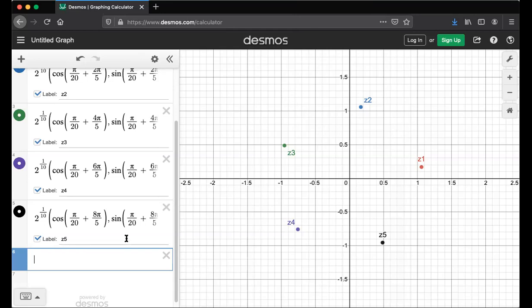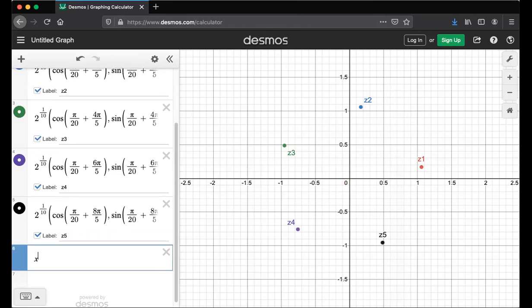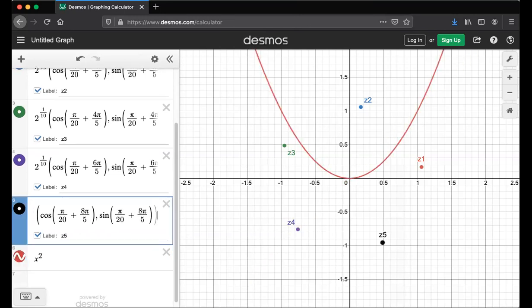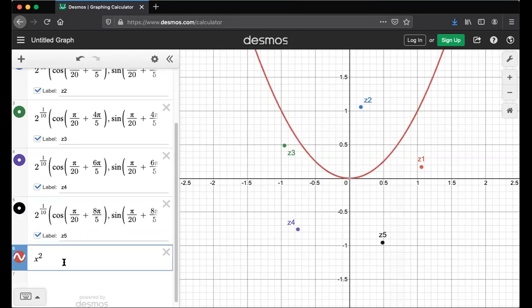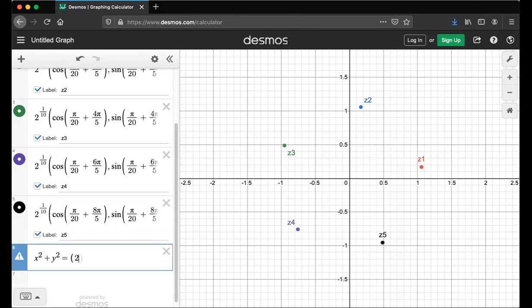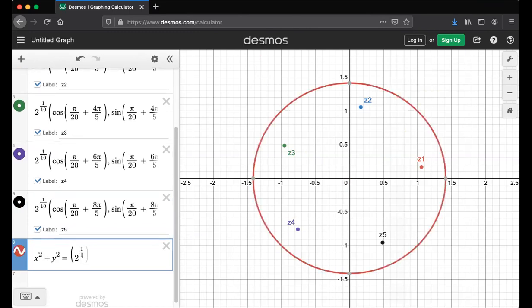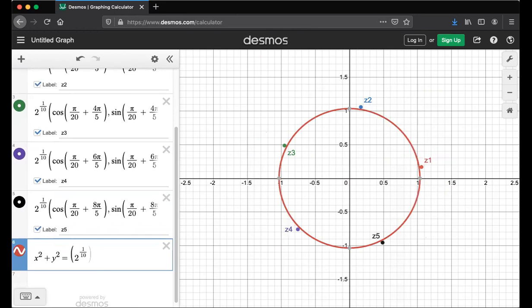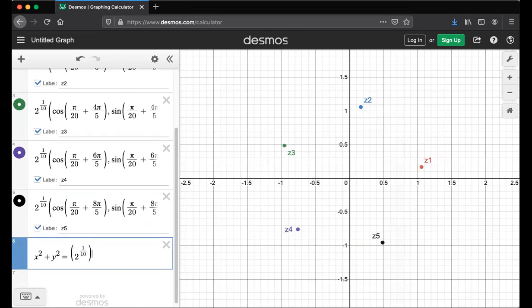And the last thing that's pretty cool here is that all of these points have the same r value, 2 to the 1/10. And so they're all going to fall on the circle that has equation x squared plus y squared is equal to 2 to the 1/10, all of that squared.